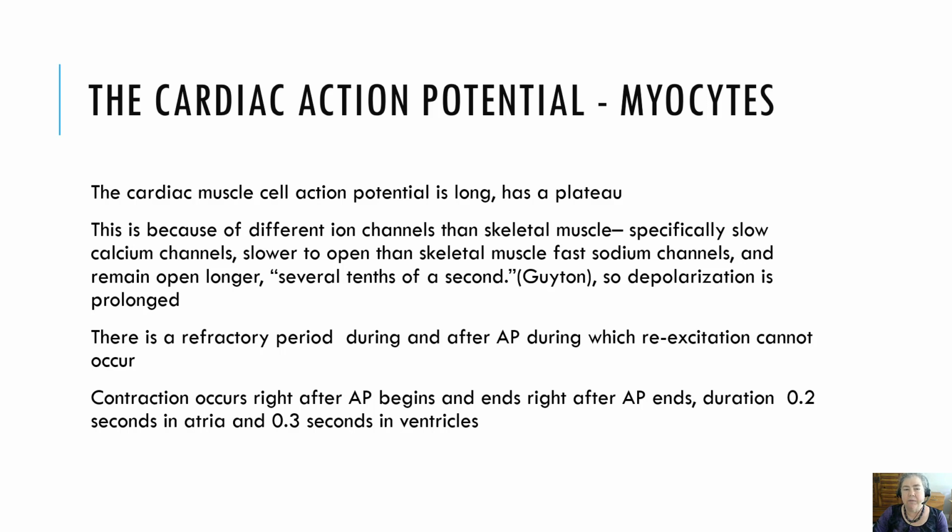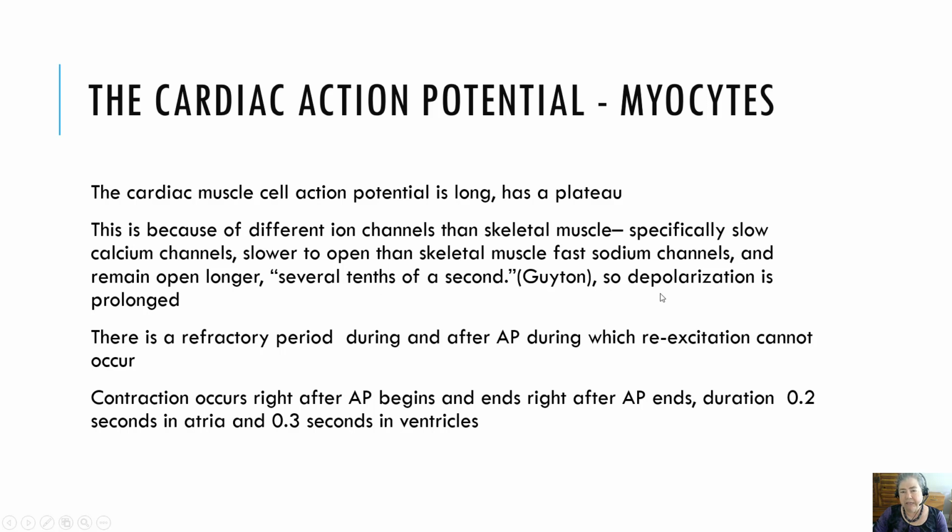We have funny sodium channels instead of the fast sodium channels that we see in skeletal muscle. And the slow calcium channels, and those calcium channels remain open much longer than the sodium channels in skeletal muscle and neurons. So depolarization just takes longer.